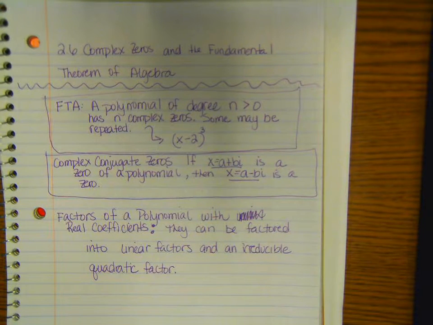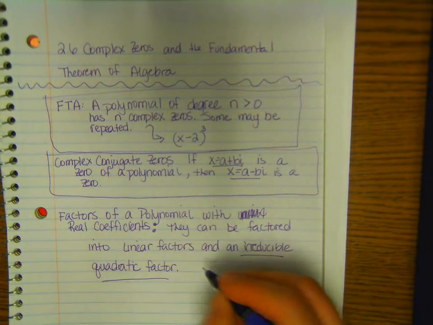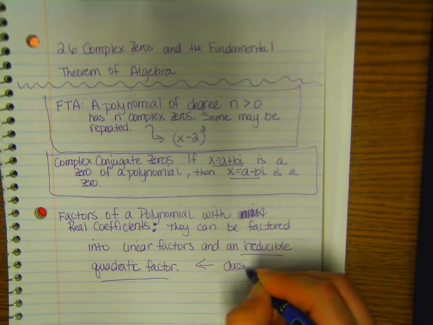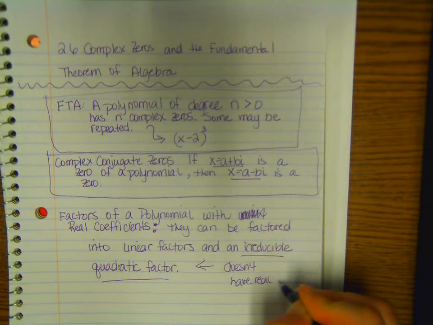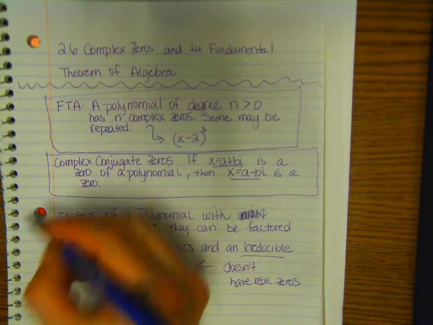No. That, when you cannot factor it into real numbers or the answers are not real, that's when it's an irreducible quadratic. So an irreducible quadratic just means that it doesn't have real zeros. Okay.